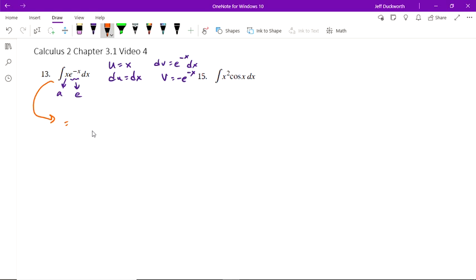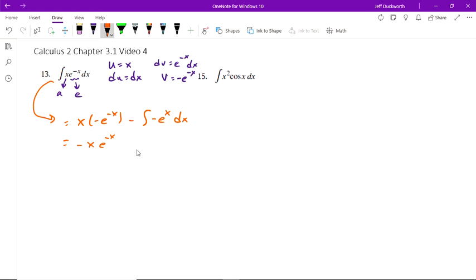The integration by parts gives us u times v, so x times negative e to the negative x, minus the integral of v times du, which is just dx. We can do a little cleanup here, so negative x e to the negative x.